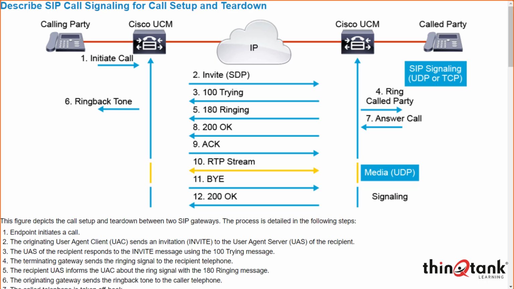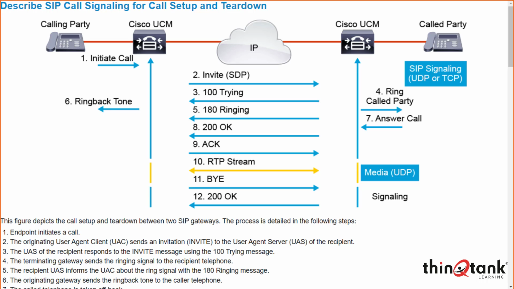Now, here's a very important concept. The call agents are only involved in setup, teardown, and modification of the call. They are not involved in the media function. And it doesn't matter if it's Skinny, if it's SIP, if it's H.323.